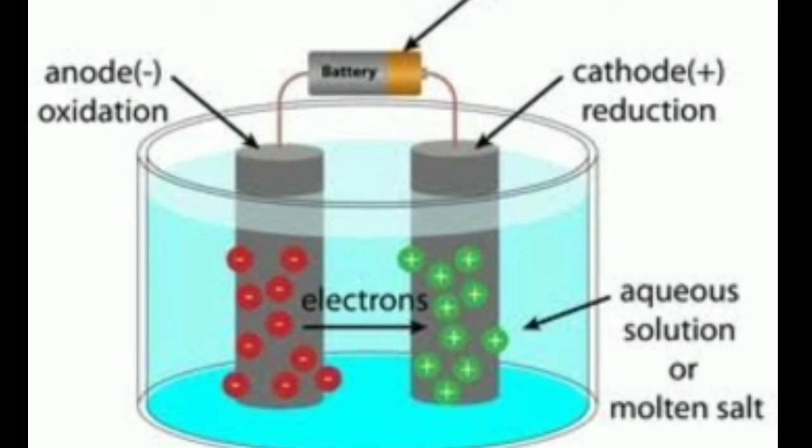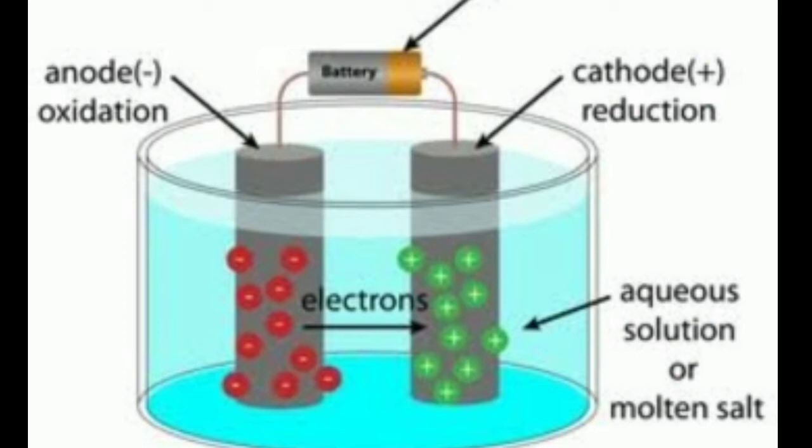That electrode is said to be the anode. And the negative terminal of the battery is connected to the other electrode. That is said to be the cathode. The electrode is the point at which the current enters or leaves the cell.